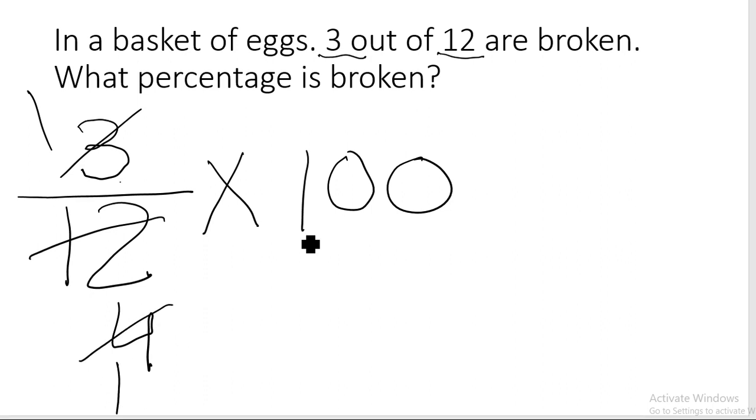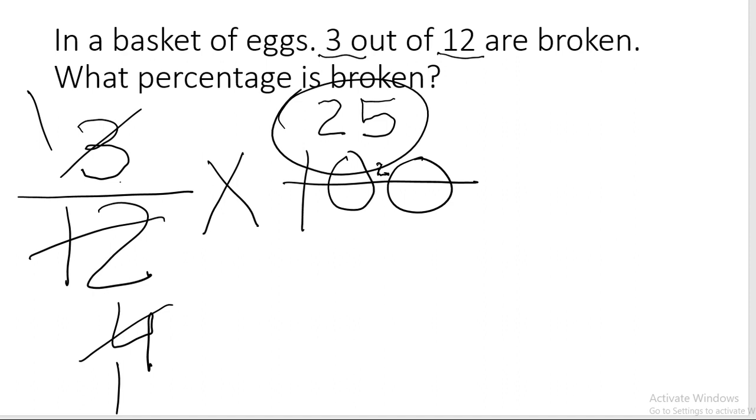So 4 ones are 4, 4 twos are 8, and from 10, 2 will be transferred here. Where does 20 come in the table of 4? At 5. So we can cancel 100 by 4 at 25. What percentage is broken? 25% is broken.